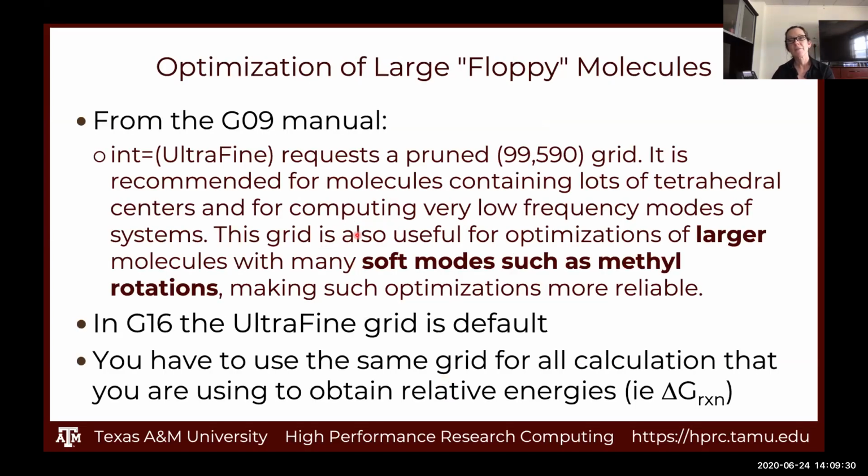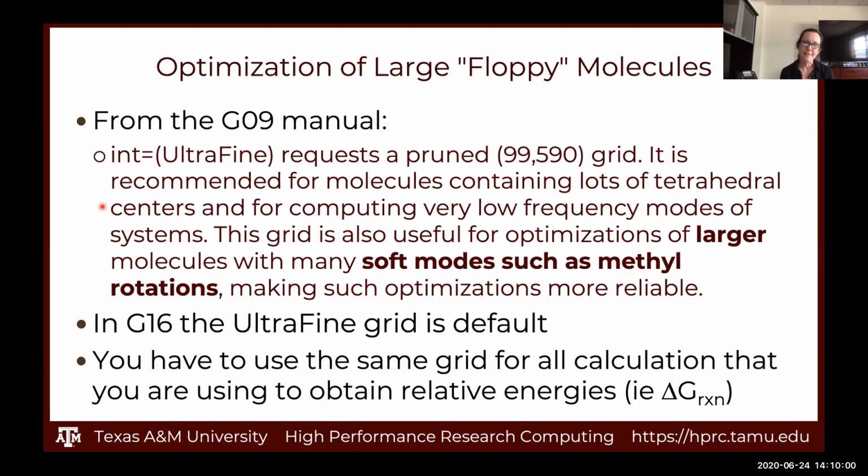So if you have a very large floppy molecule, something that has soft modes where the ligands can move easily with a small amount of energy, in Gaussian 09 the default grid was fine. They suggested that if you had a big floppy molecule, you use an ultrafine grid.